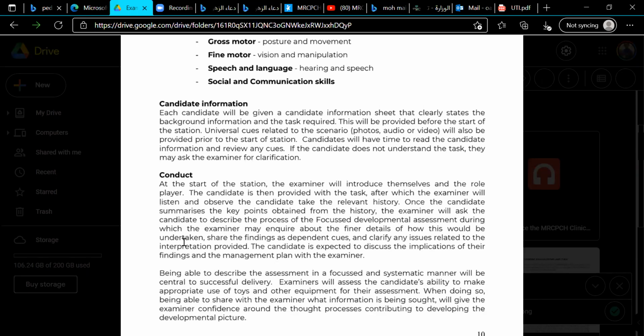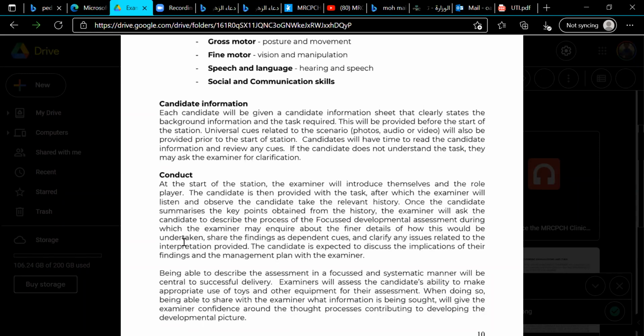And then the examiner will assess the candidate's ability to make appropriate use of toys and other equipment for their assessment. They will provide a photo of the equipment, and you have to select your items before starting the assessment.